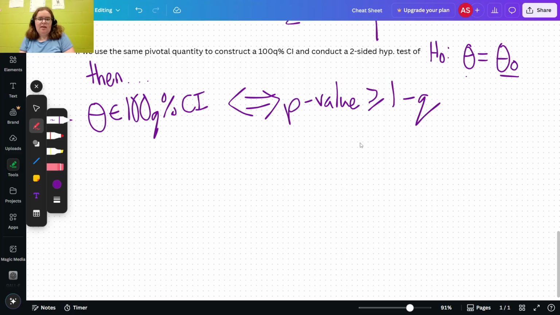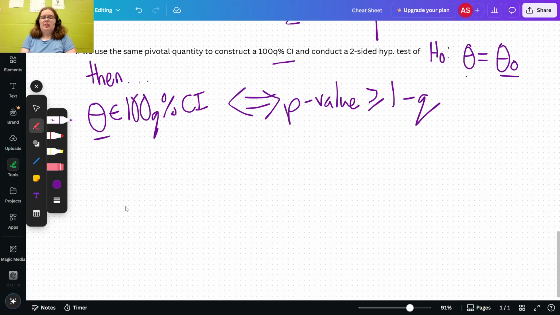So to repeat that, we have to use the same pivotal quantity to construct this, and this is kind of where I was getting tripped up before, but it has to be the exact same pivotal quantity, which we did with the asymptotic one, and we constructed our 100q% likelihood or confidence interval. We've constructed a two-sided hypothesis test. So the theta that we're looking at is only going to be in the confidence interval if this p-value is greater than or equal to 1 minus q, whatever that q may be, and vice versa. This is an if and only if statement.